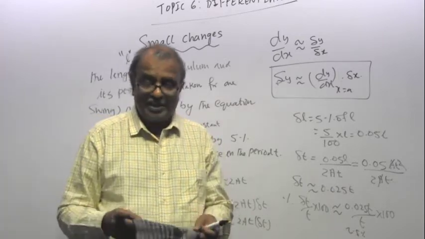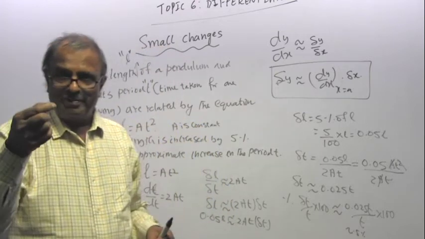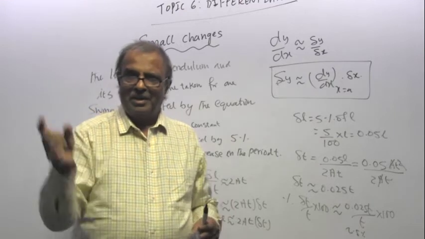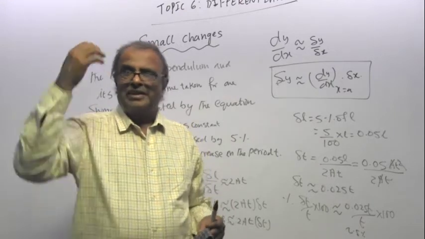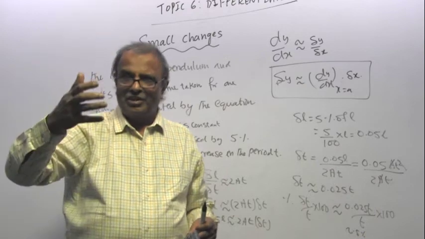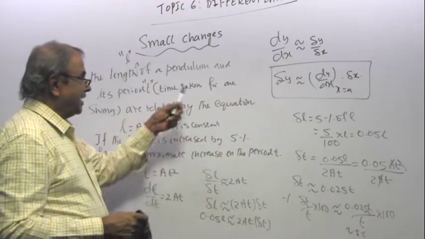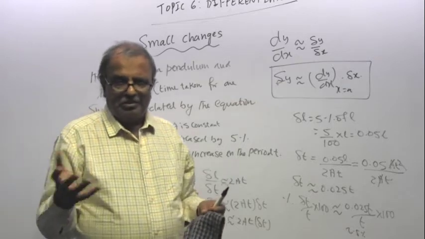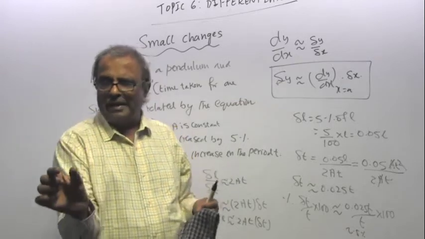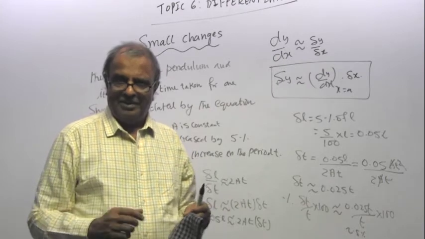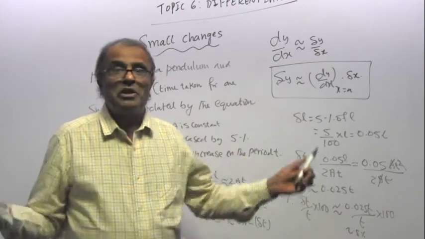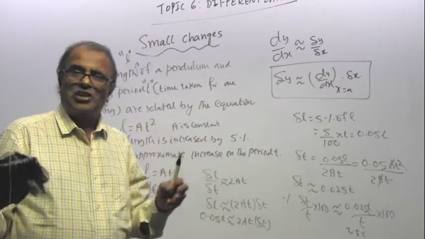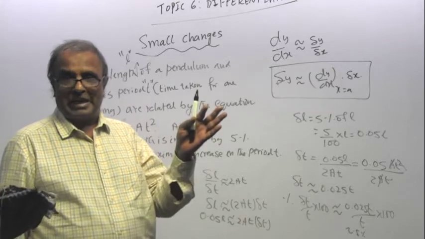Yeah, and I still remember in summer, because it was a metal piece with a small disc at the bottom, I myself would see that the length would increase. So if the length increased, then you see the period would increase. So somewhere in the month of April, in the hottest period, we had to shorten the length. And of course, we didn't know how much to shorten. I hadn't done calculus by then. So we would just trial and shorten one day and see in 24 hours what's happening.